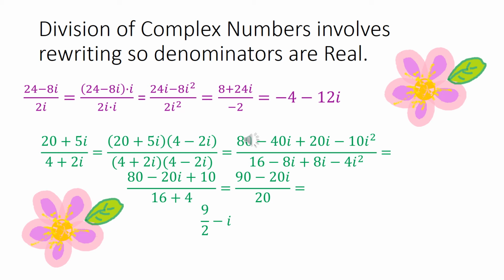Cleaning up the numerator, I will end up with 90 minus 20i, and remember, i squared is -1, the 8i's cancel out, and 16 plus 4, because the i squared turned into a -1, I get 20. Cleaning it up a little bit more, 90 divided by 20 is 9/2, and 20 divided by itself will be 1. So I end up with 9/2 minus 1i, and that does look quite a bit cleaner than our original ratio.